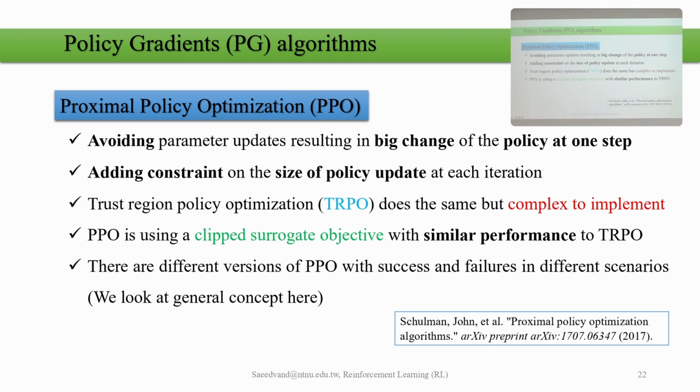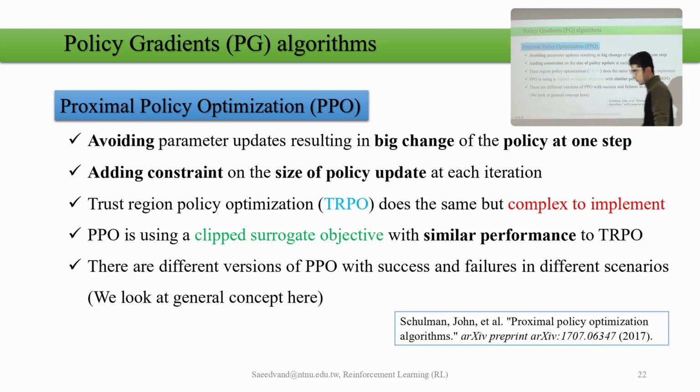So the technique that does the limitation is named the clipped surrogate objective, which is similar in performance to TRPO, as I mentioned. And there are different versions of PPO, and in different scenarios they can fail or succeed depending on what we are doing and the application that we have.